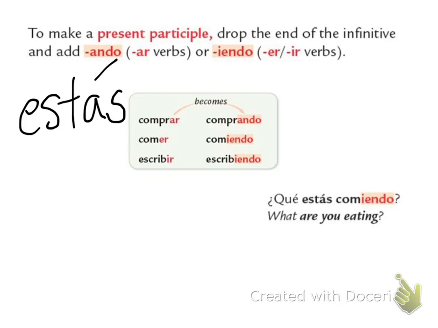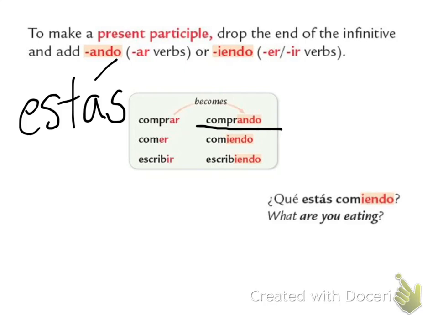And then I would follow up with comprando. You are buying. Down here they did an example sentence with comer. ¿Qué estás comiendo? Are you eating? And then we have our progressive, which is the participle, comiendo. So this is easy enough, right?